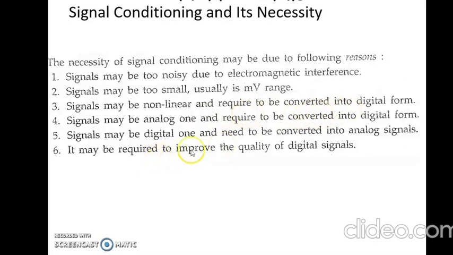And signals may be in digital form and need to be converted into analog signals. And signal conditioning is also required to improve the quality of digital signals. So these are some of the necessities of signal conditioning.